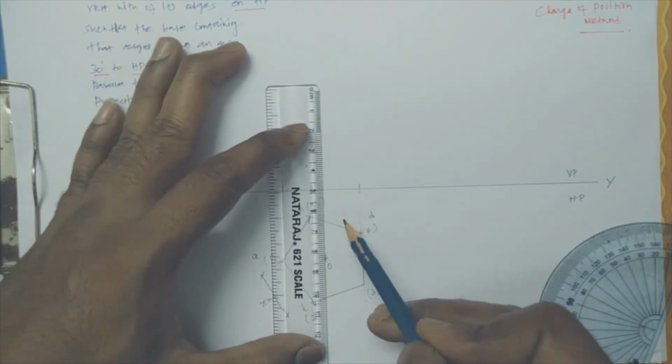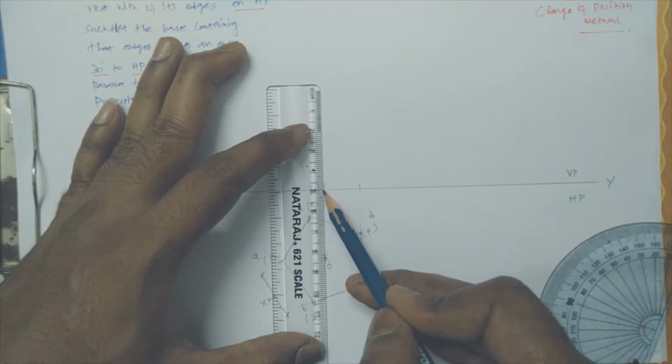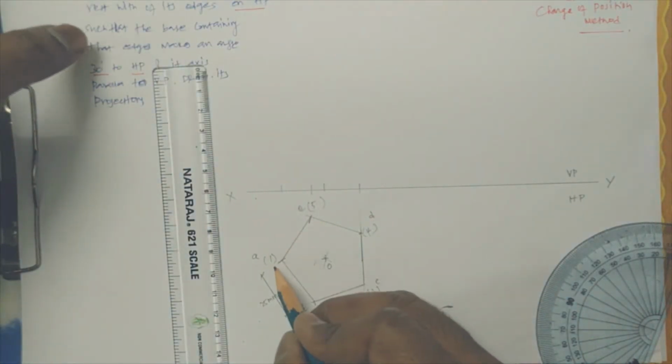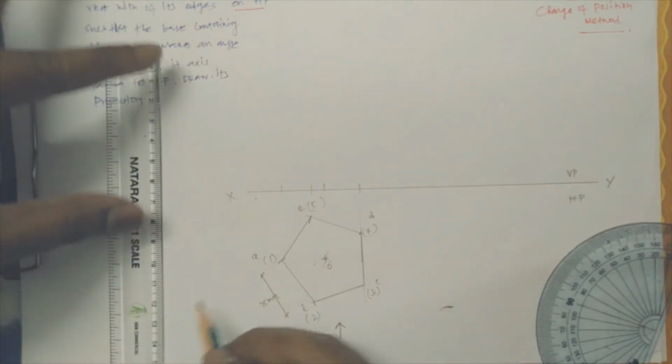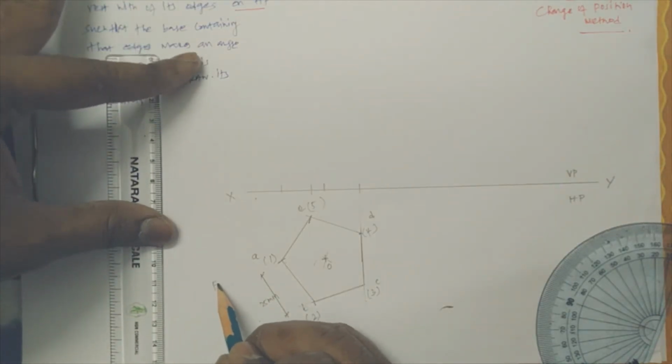See, I just erected, and here there is an axis. When you are seeing from this direction, you will get the front view. This is a top view. You will get the front view. We can call it the first front view, like that you can name.